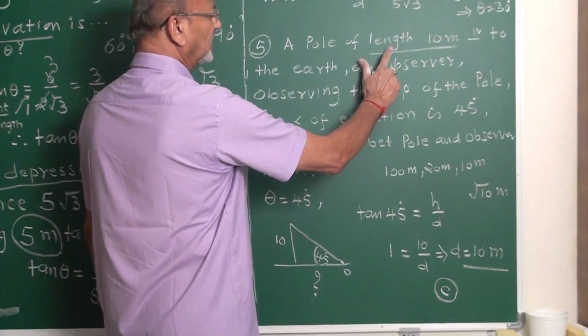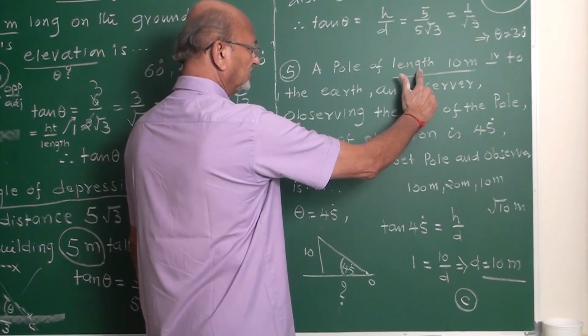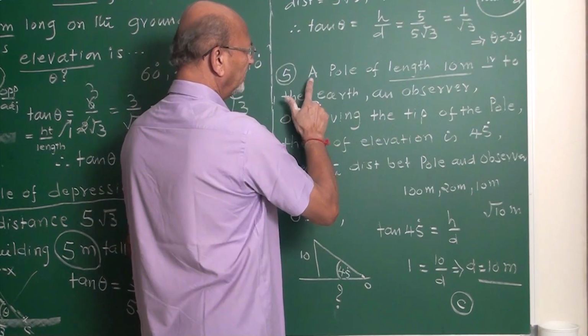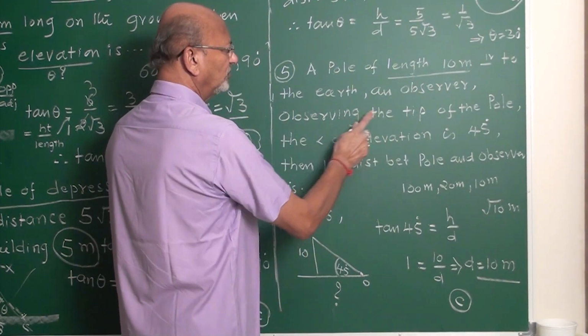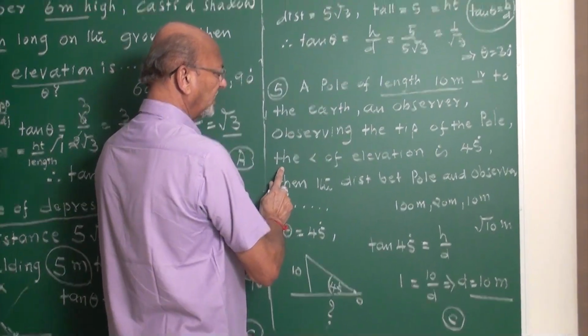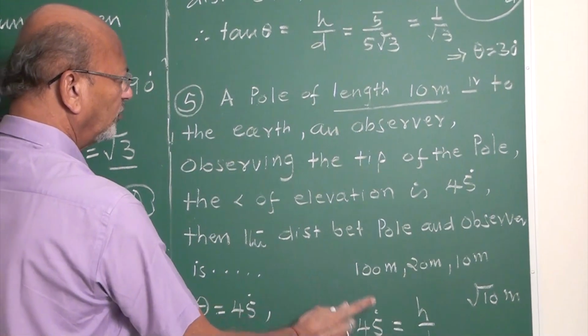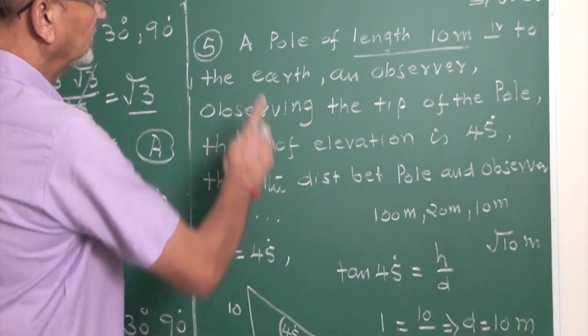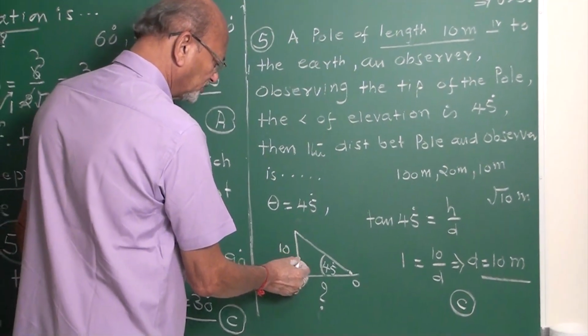The pole of length 10 meters, perpendicular to the earth, means what?